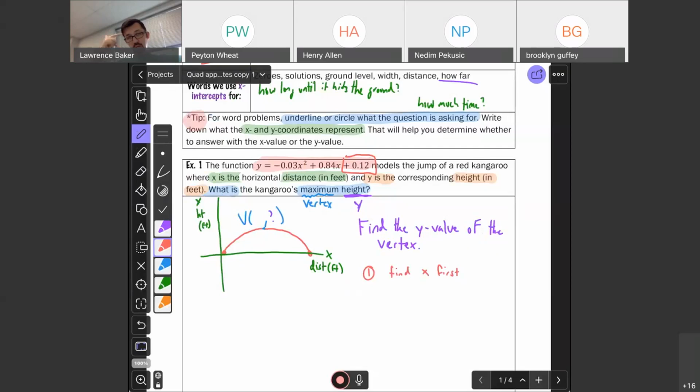You're supposed to know this. I asked you guys to know this. What's x equal to? Right, Evan? Negative b over 2a. Okay. So what's our b value? What's our a value?